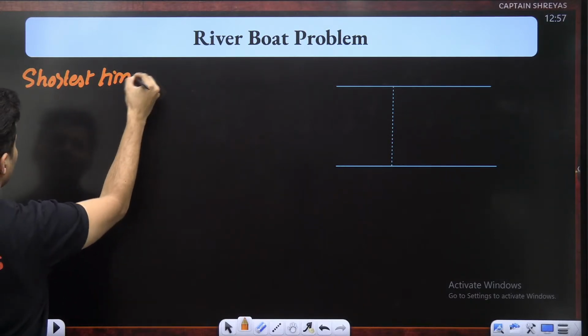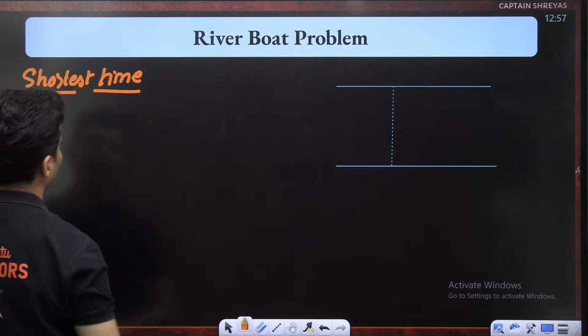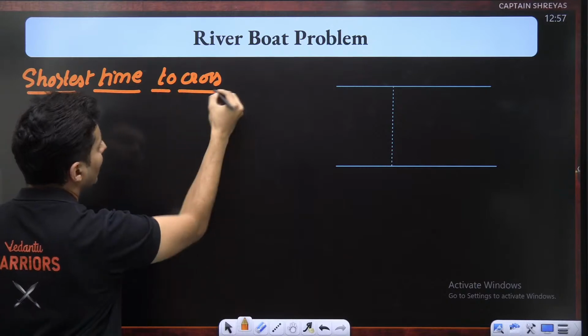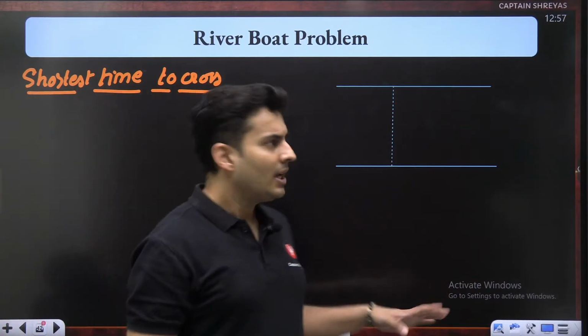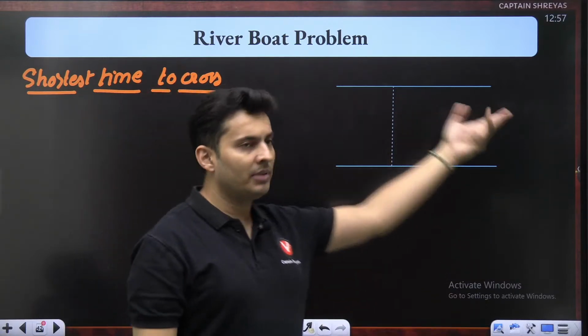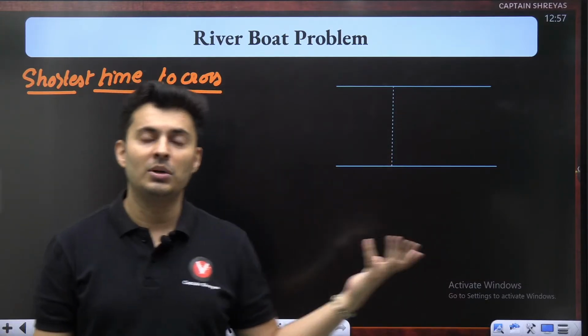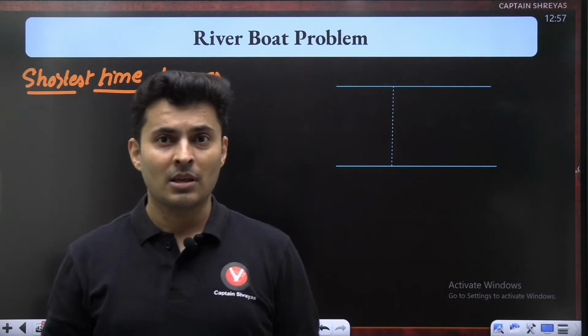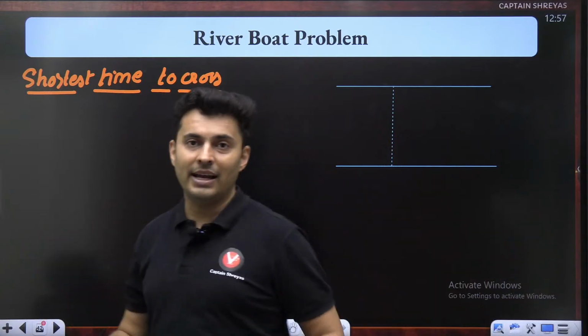You want to spend the least amount of time inside the river. Even if you encounter some drift, it's okay as long as I reach the other bank. Maybe there are some reptiles, there are crocodiles, and you want to spend very little time inside the river. How will you swim? The more time you spend, the chances of attack are more.